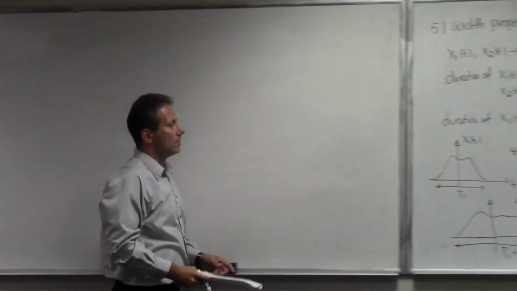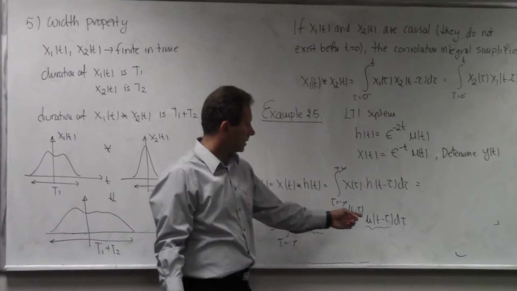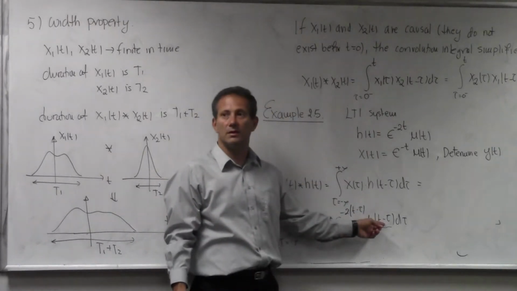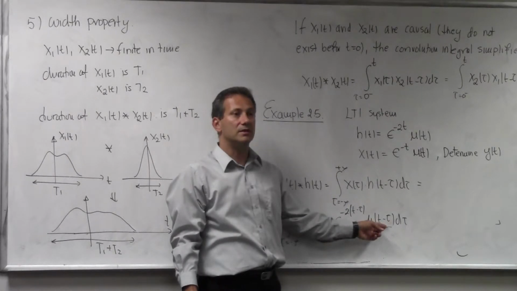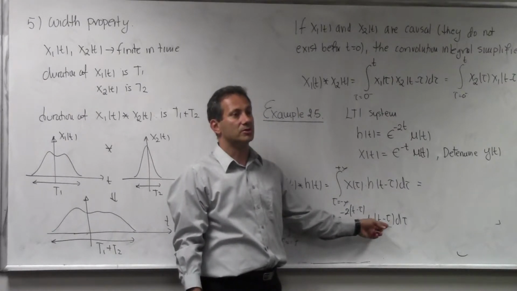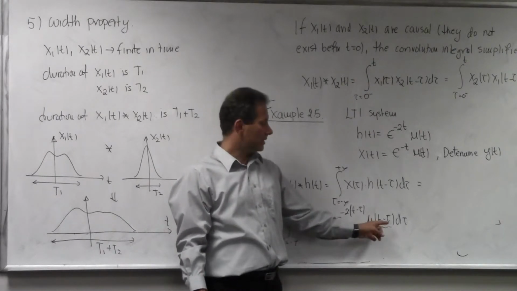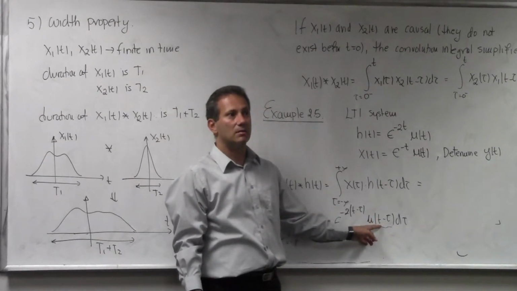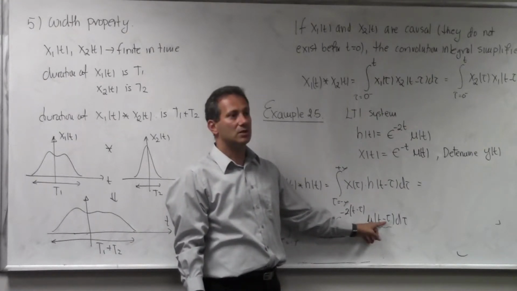Now let's look at the other one. Now let's start increasing the value of tau here. Whenever tau is smaller than t, t minus tau is positive. u of something positive is 1. But when tau exceeds t, t minus tau becomes negative, and u of a negative number is 0. So therefore, there's no need to integrate beyond t, right?